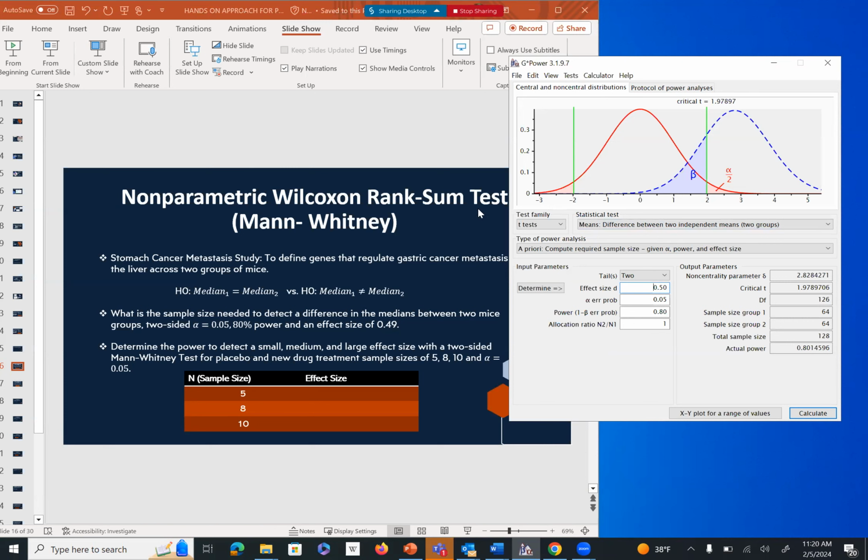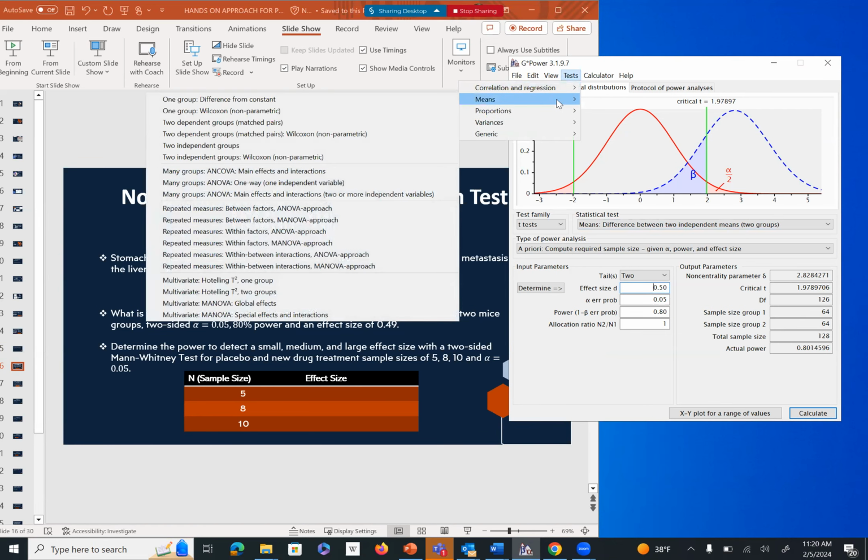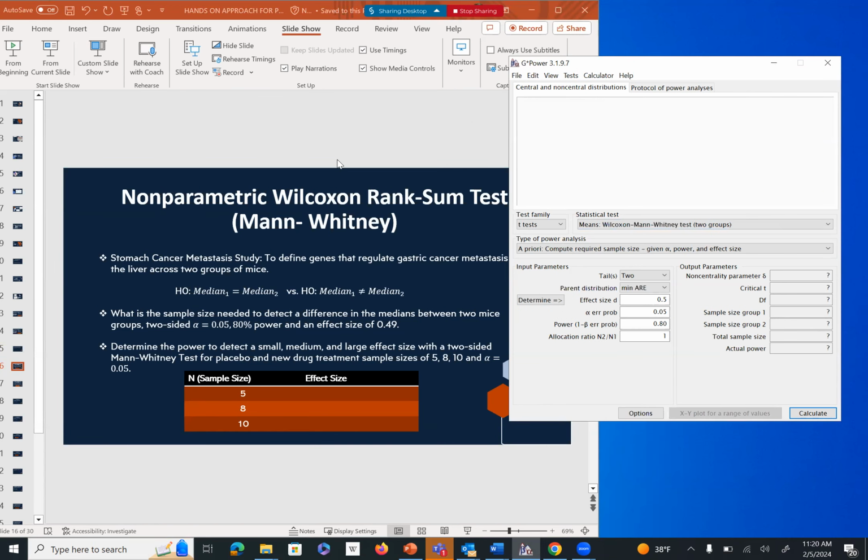So there's a few options here. If you go on means, you can go to the two independent groups Wilcoxon non-parametric test, which is comparing two samples. So similar to a t-test, but a non-parametric version.